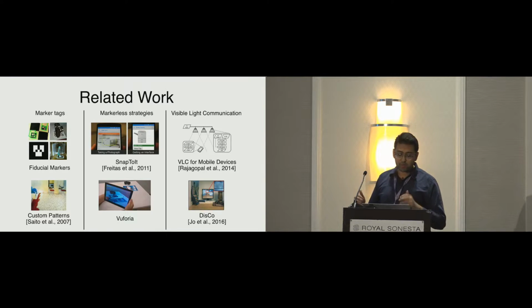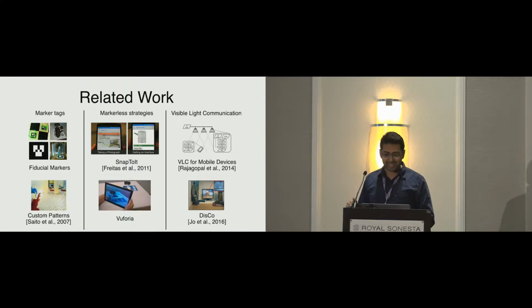We are not the first ones to think along this direction. LightAnchors overlaps with several different areas of literature. We will now briefly look at different parts of this research area. In terms of marker-based strategies, there have been approaches that use fiducial markers and QR codes, such as AR tags and Ahuja tags. There have also been approaches that use custom patterns and overlay information based on their known placement in the environment.